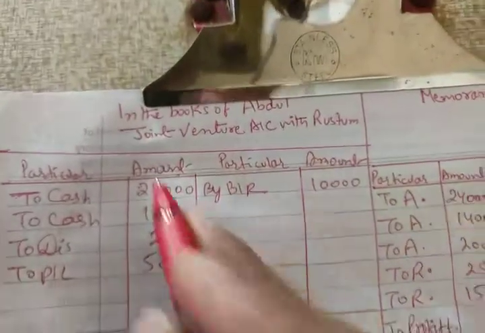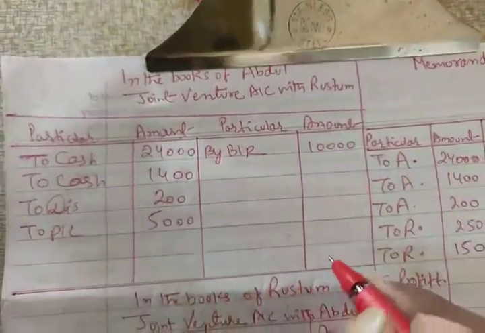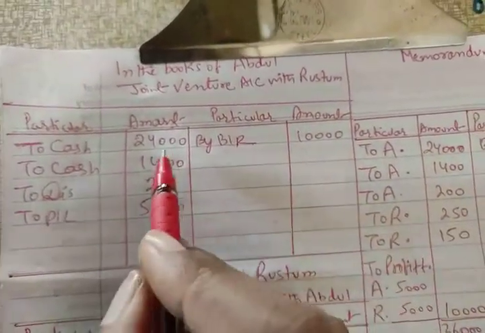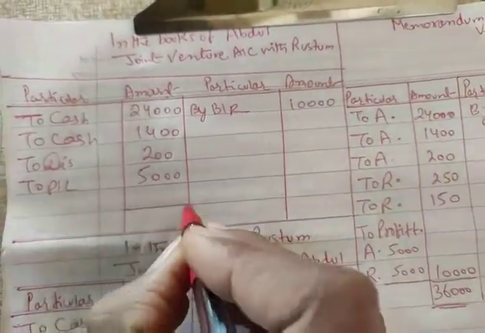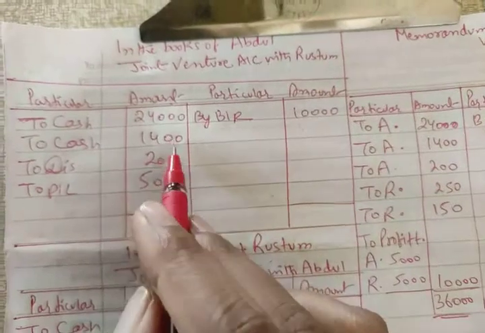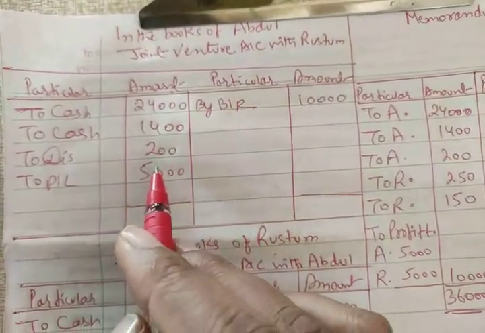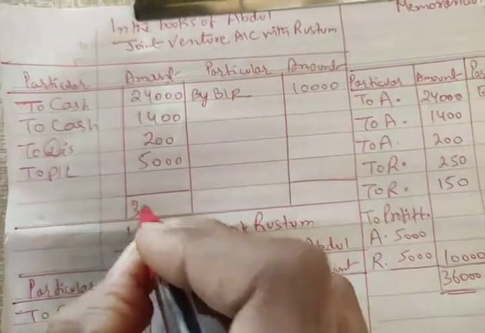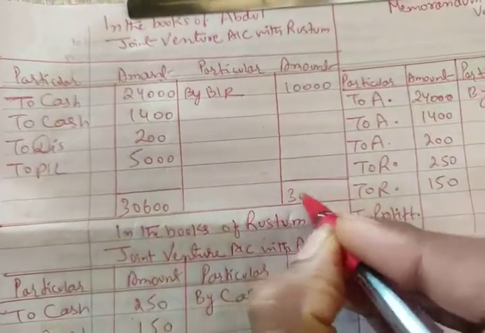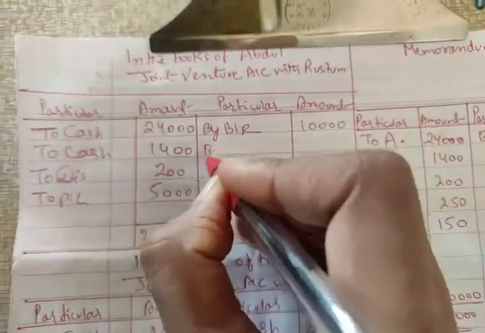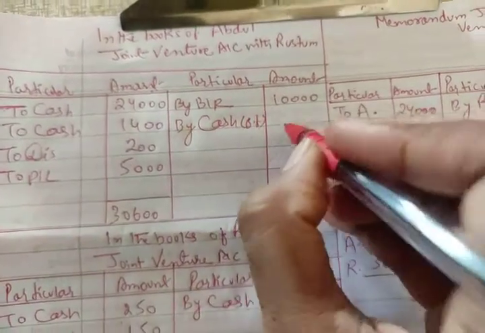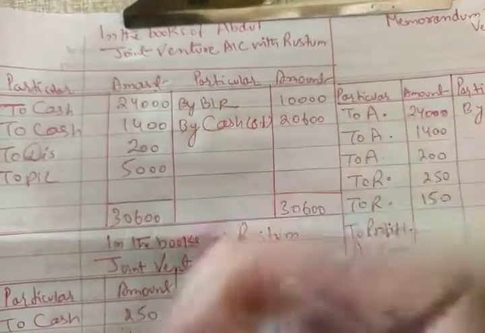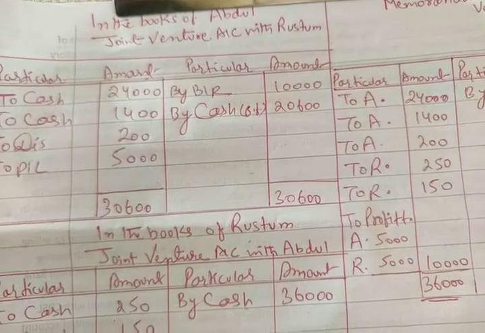Now coming to Abdul account. Let's make the total: 24,000 plus 1,400 plus 200 plus 5,000. We are going to get the total 30,600, and when we calculate the cash balancing figure on the credit side, we are going to get 20,600.